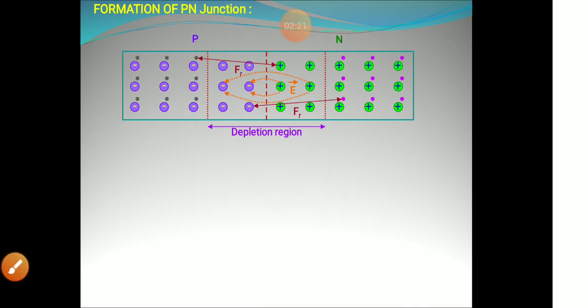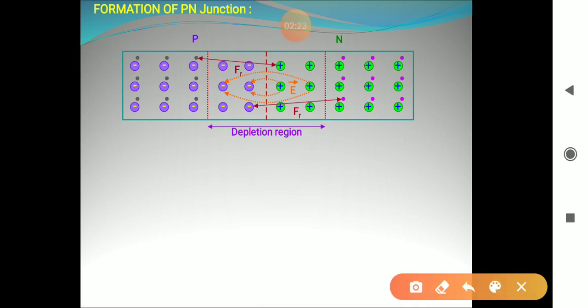Now the n side has positive ions and p side has negative ions. So an electric field is set up from n side to p side. This electric field opposes the further flow of electrons from n side to p side, and it also opposes the flow of holes from p side to n side.